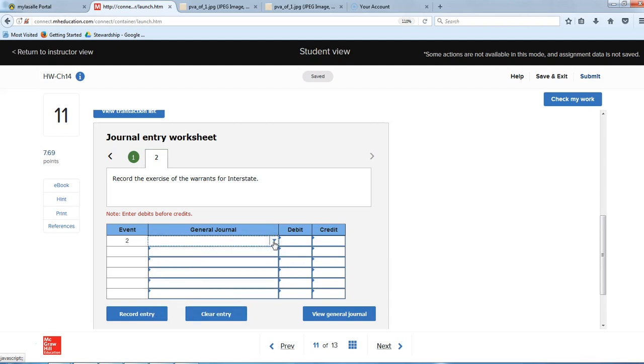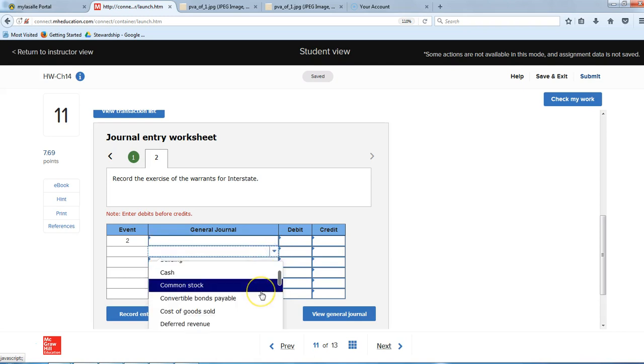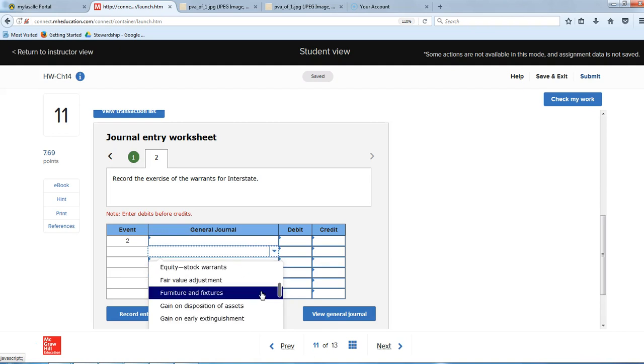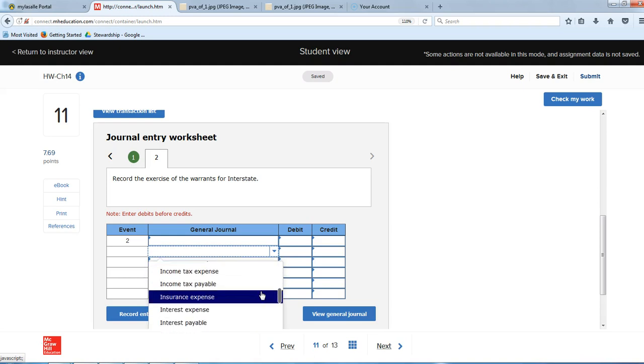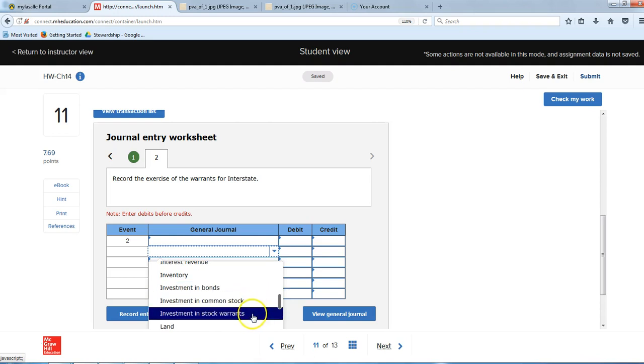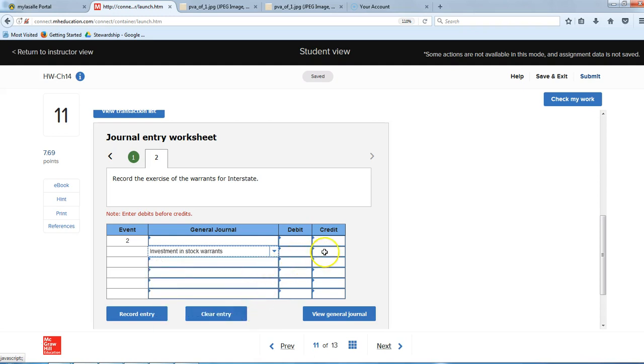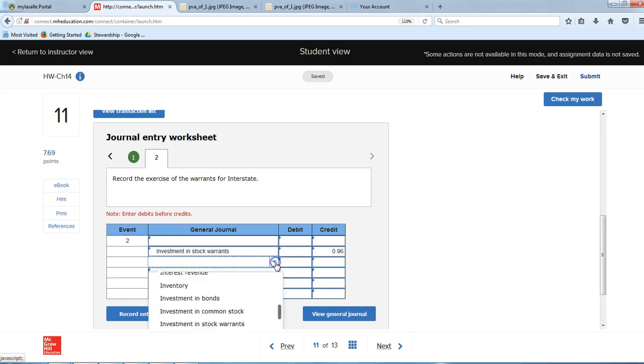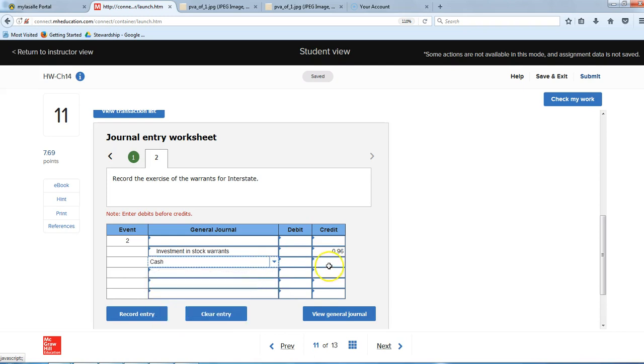So we will first remove investment in warrants of $0.96 million, and they spend money to buy stocks of Limbo.